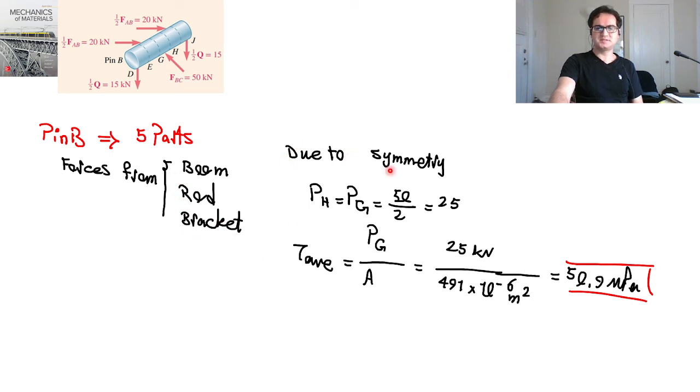Due to the symmetry of the problem, you can consider half of the problem, so easily P at H is equal to P at G. If you cut it in half, you go with half of the forces, so 50 over 2 over the area of the pin, and the average shear, P force at G over the area of the pin, gives you 50.9 megapascal.